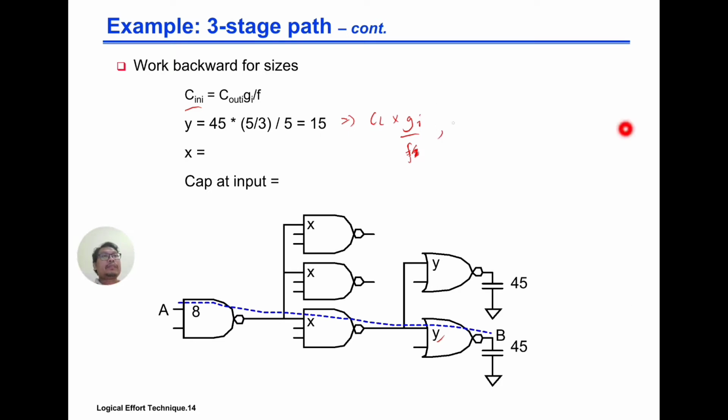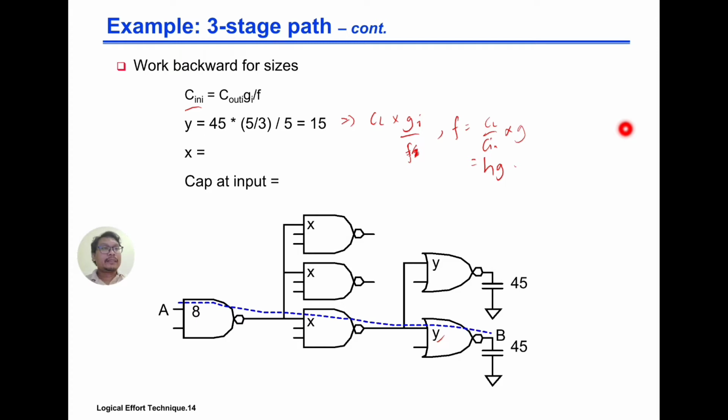Because our F is C L over C in times G, so here it's actually your H G. F is H G and H is C L over C in, and therefore we can solve for C in, which is C L times g over f.